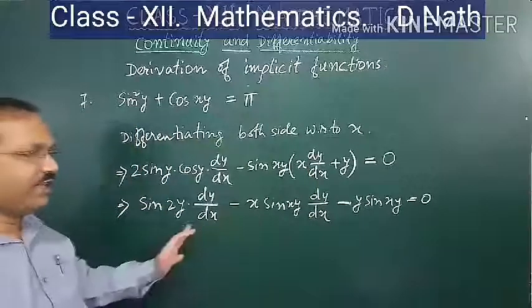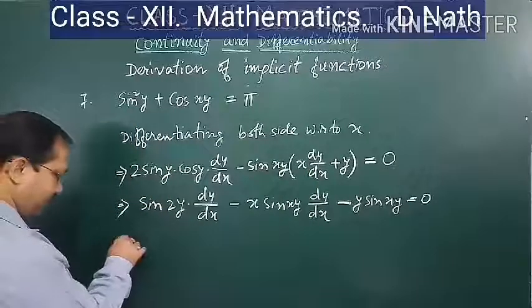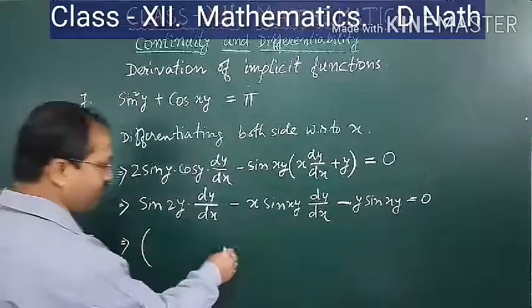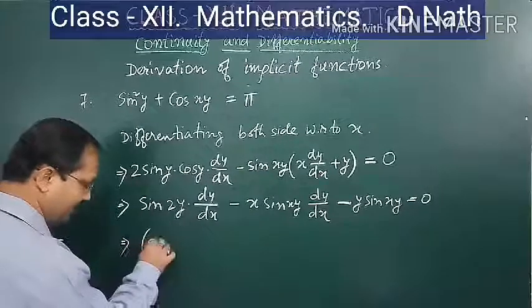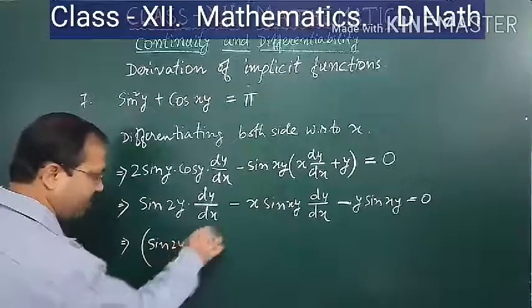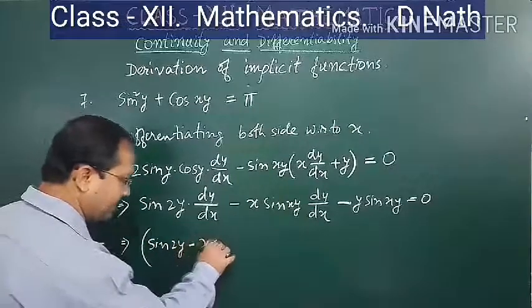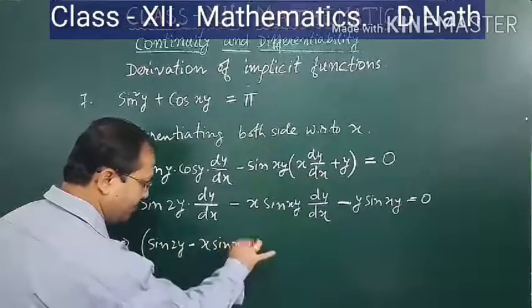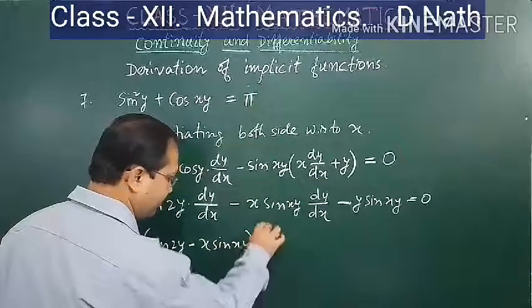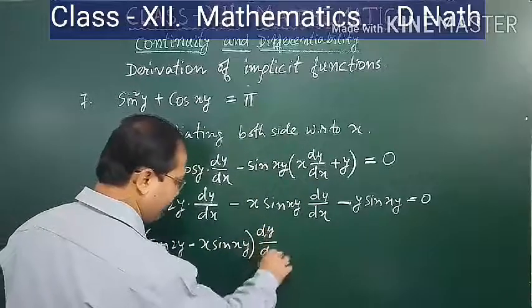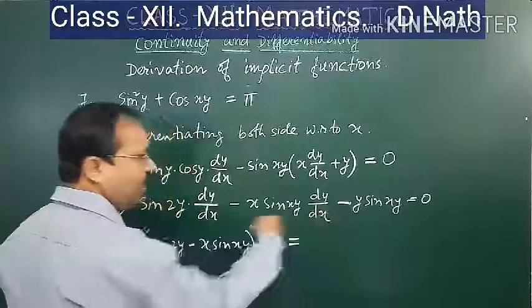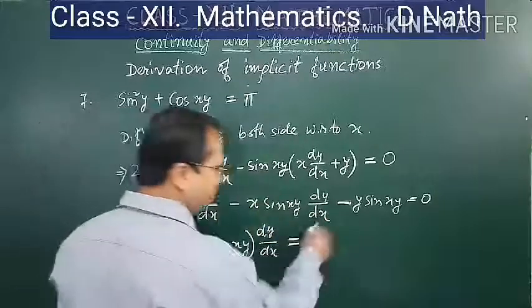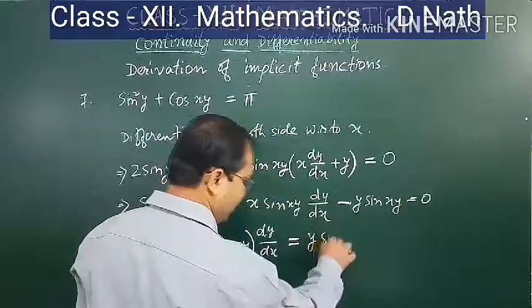Now dy/dx together, so we will take dy/dx common. If we take dy/dx common, what will remain? Sin 2y minus x sin xy, into dy/dx, is equal to, the other term will shift to the other side, so it is y sin xy.